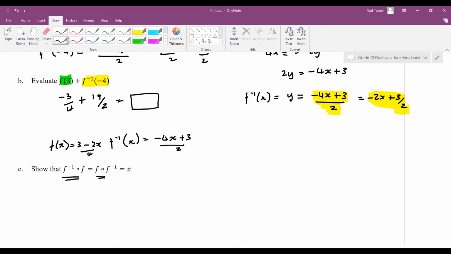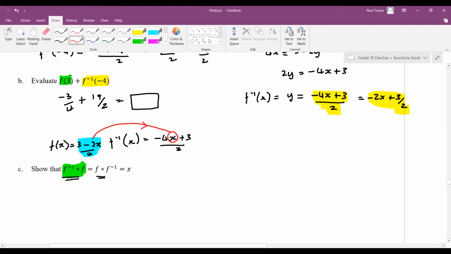So let's do the first bit and you can finish it. We will do this bit here. That's telling you to put your function inside your inverse function. So your function is here, and I want to put that into my inverse function. So we take that and stick it in here.